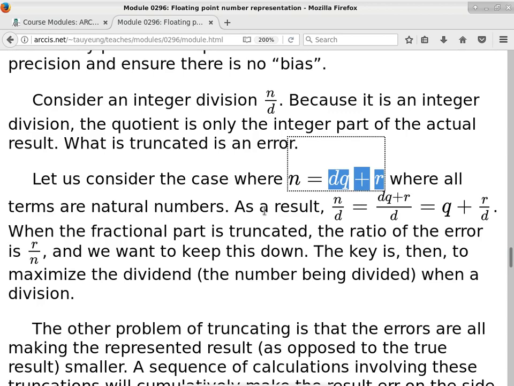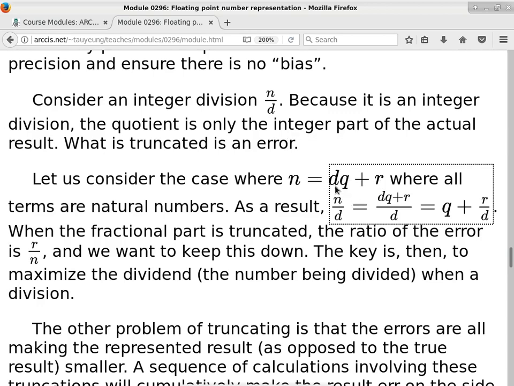Okay. So now if I know that n is dq plus r, then n divided by d becomes (dq plus r) divided by d. That part is just expansion of n. But when you take this part, dq divided by d is just q all by itself, and then we have the remaining part, which is r divided by d. R is the remainder of a division, and d is the divisor, also the denominator in this case. R is always going to be less than the denominator in a division.